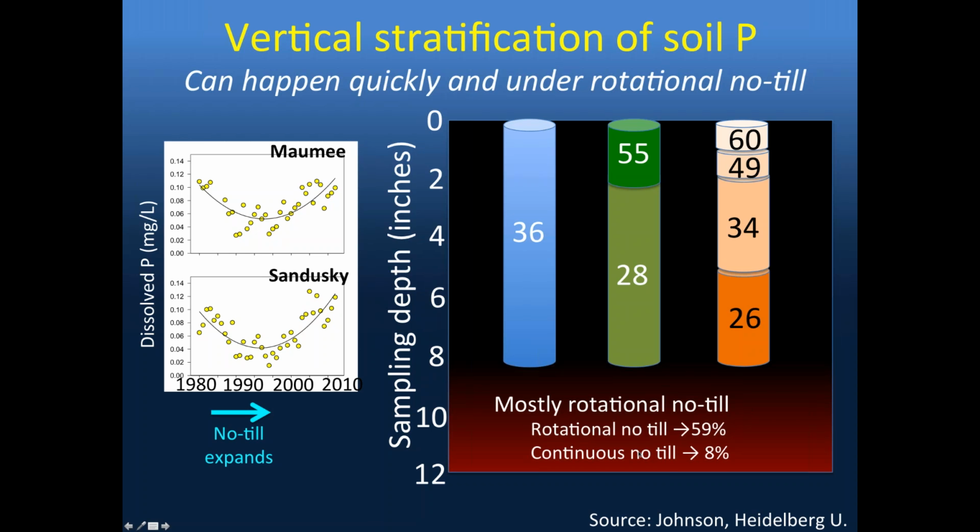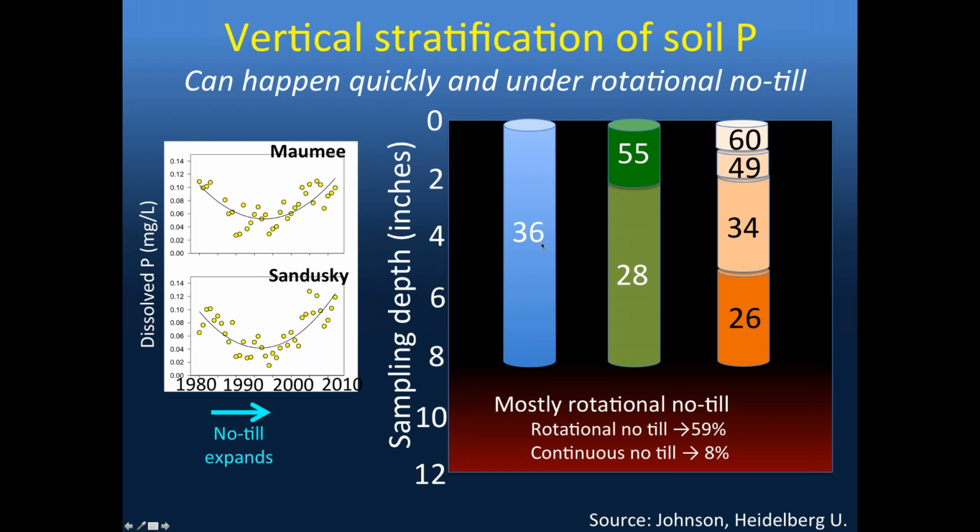And so what we see, and we see this in research that we do all over, is that phosphorus can accumulate on the surface very, very quickly over just a couple of years. And the differences in what we see in a soil test can be quite profound. And I think this study just illustrates that beautifully.